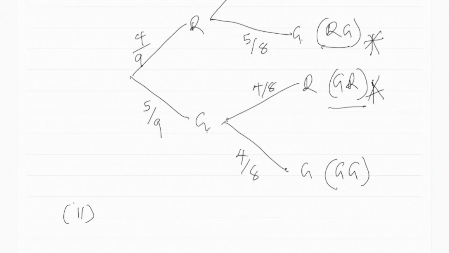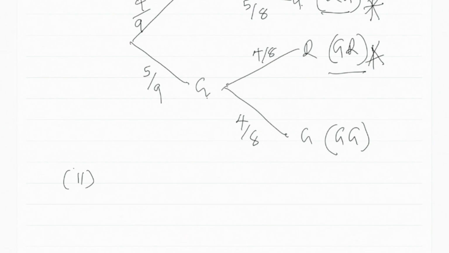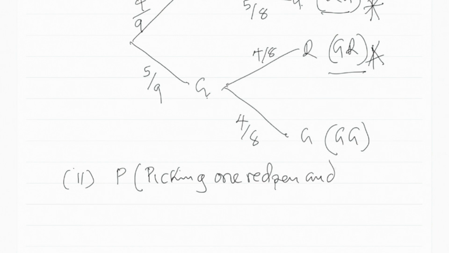Right. So now, how are we going to move? We are expected to find the probability of picking 1 red pen and the probability of picking 1 green pen. Right. That is what's expected of us.